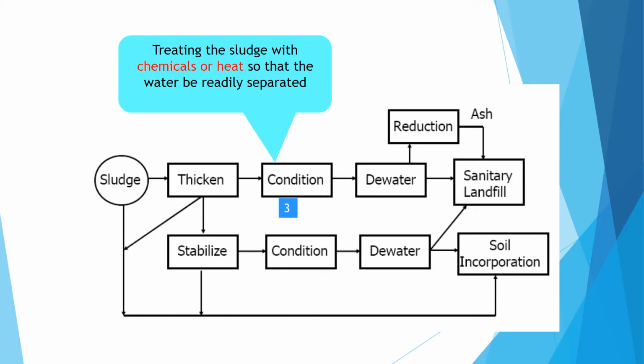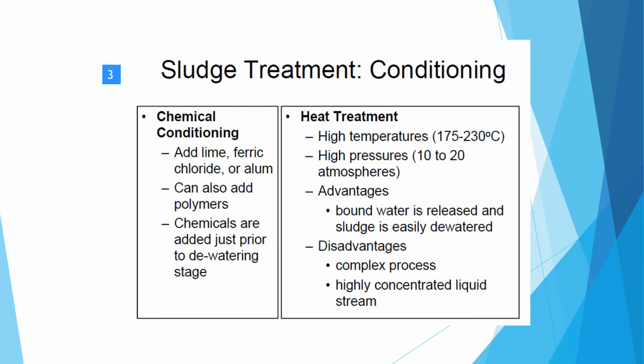Okay, next, the third treatment is conditioning. In this conditioning process, we treat the sludge with chemicals or heat so that the water can be readily separated. So we call it chemical conditioning and heat treatment.